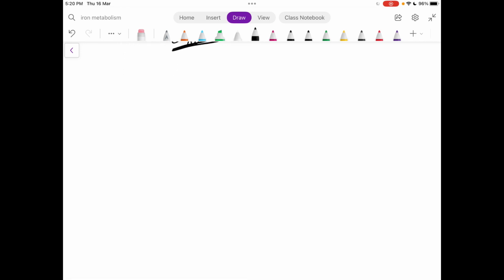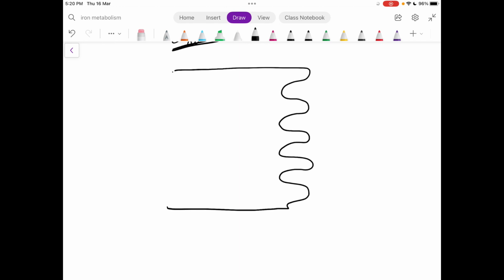Now we'll see what happens in the proximal part of the duodenum. Okay, this is the intestinal cell, this is the apical part, this is the basolateral part.